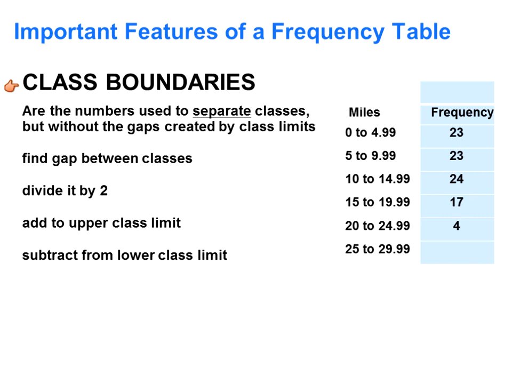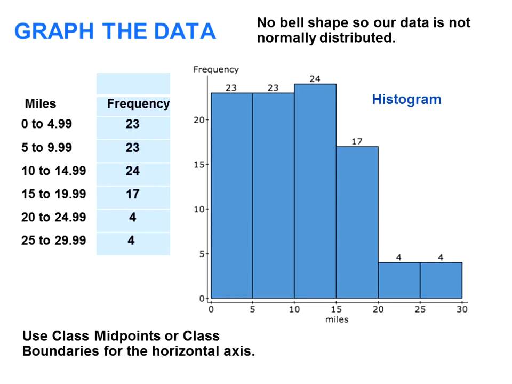All right, so the class boundaries are going to be those numbers that connect your classes together. So every class here is going to be represented by a bar on your histogram. So let me see if I can fast forward to that just so that you see what I'm talking about. So that's a histogram right here. That's the picture of your data.